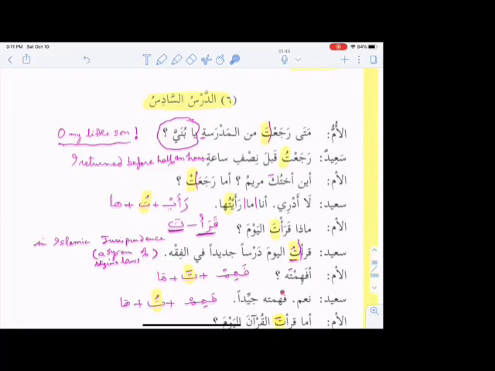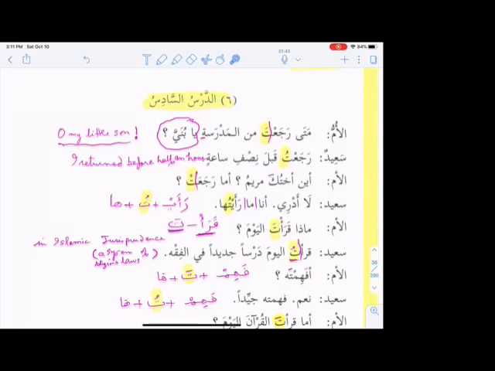Yes. So now here it will become fahimta, and then, yeah, I wrote down here what you will see. Naam, fahimtu, hu. Fahimtu who. So that is ha actually.